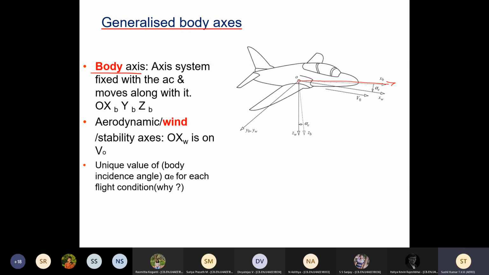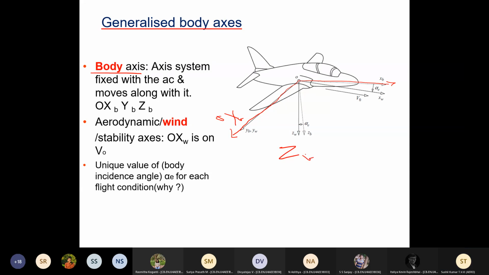Y body is going to be in this direction towards the right wing. So this is OY. B subscript indicates that it's a body axis, and orthogonal to these two is Z body.